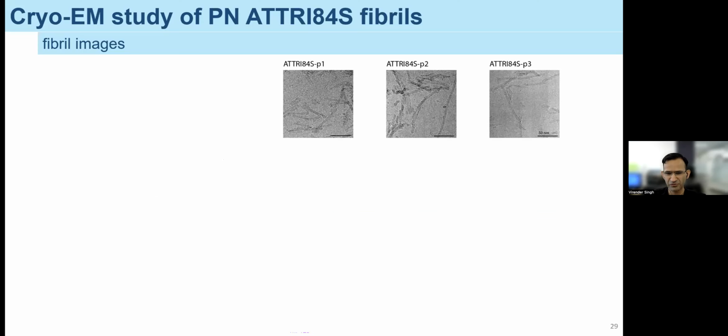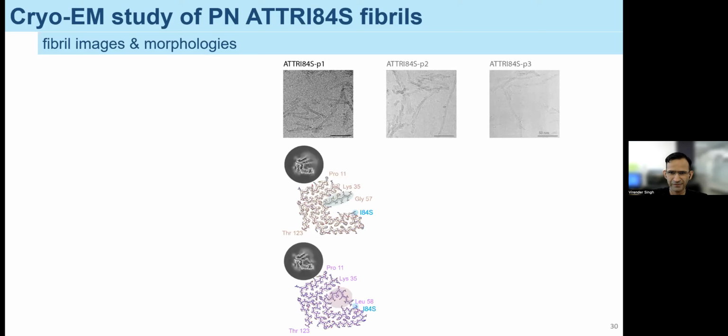Again, similar to ATTR wild type, we had 3 cases with the ATTR I84S mutation. We extracted fibrils using a similar protocol, and we observed consistent morphology of fibrils in negative staining and cryo-EM. The majority of fibrils were twisted. Only a minor class was straight, which was not used for data processing.